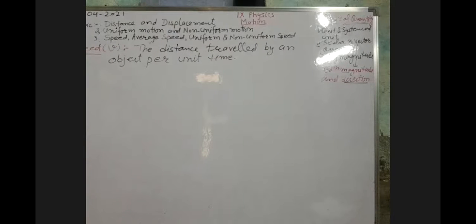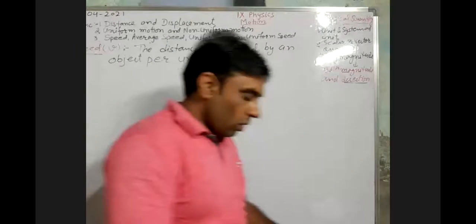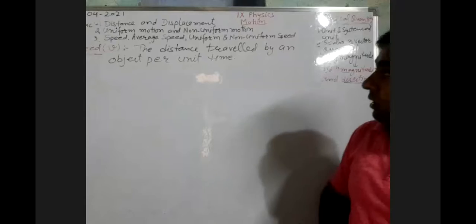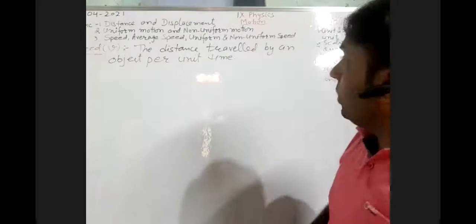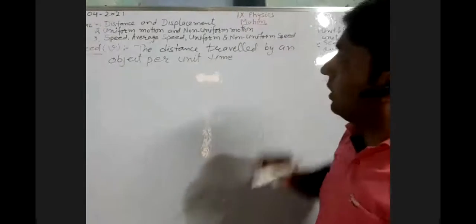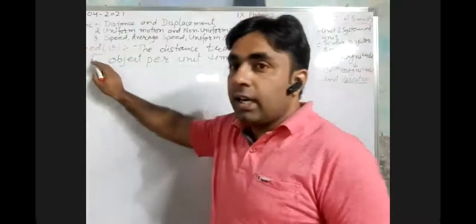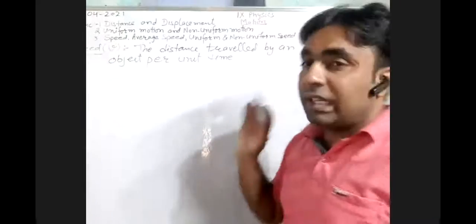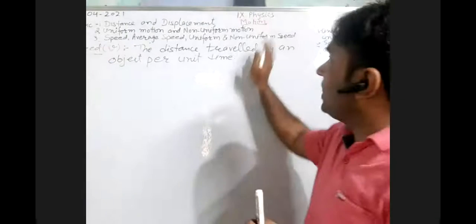So basically, what idea will speed give us? Why do we need to measure speed? During motion, speed gives us the idea of how fast or how slow an object is moving.